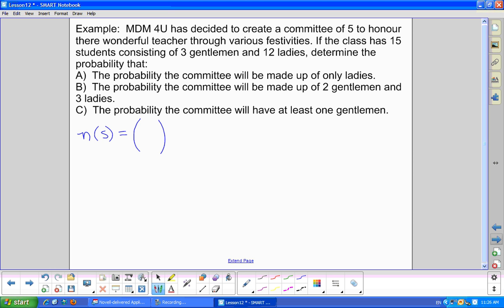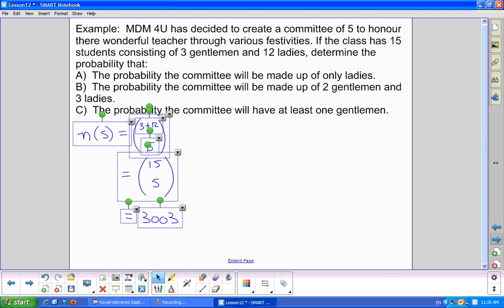There were 3 gentlemen plus 12 ladies, and we're picking a committee of 5. You don't have to write this out when you do the homework or on a test. I just want to show you where the number is coming from when you look back in your notes. To figure out how many 5-person committees can be chosen from 15 people, it's the combination of 15, 5. So we find that there are 3,003 committees for this particular scenario.